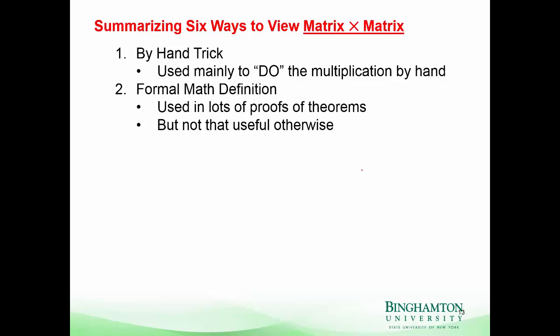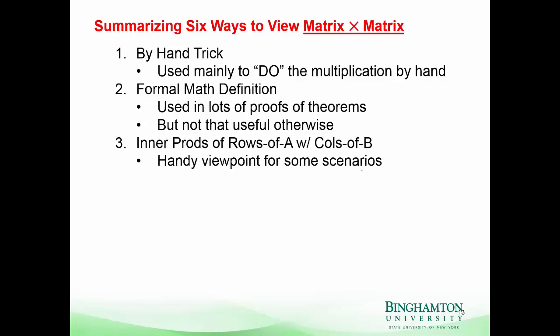If you're doing proofs, which we're not doing in this course, you'd be using this a lot. But other than that, it's not terribly useful. Although it can be useful if you have to write some code to do matrix multiplication. Maybe you're working on a microprocessor and you need some code to multiply two matrices.